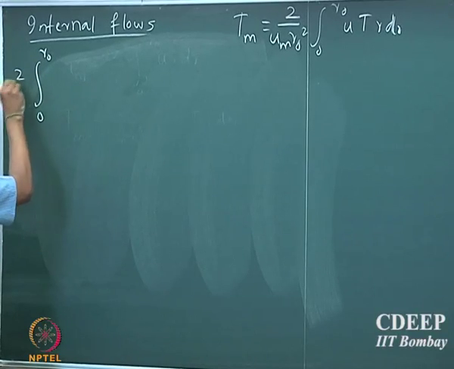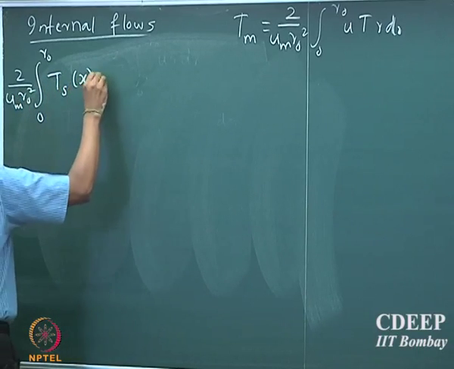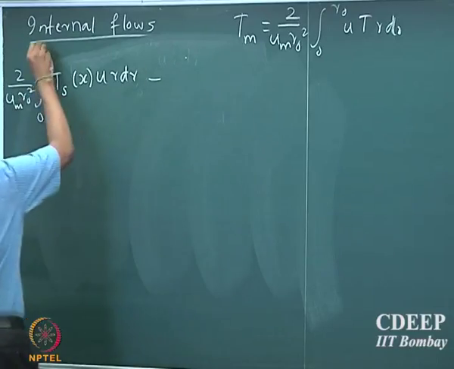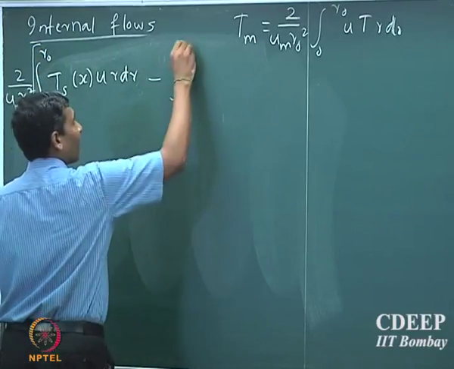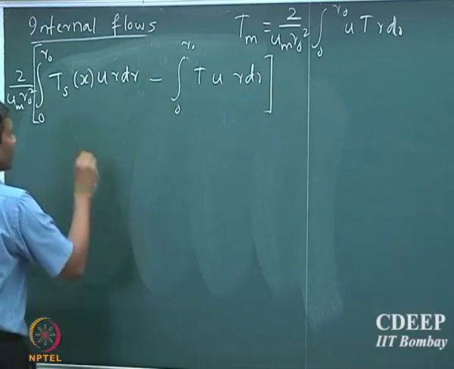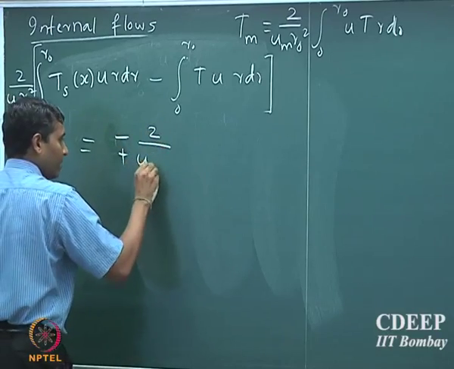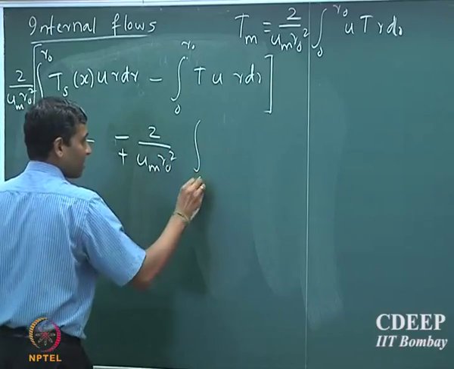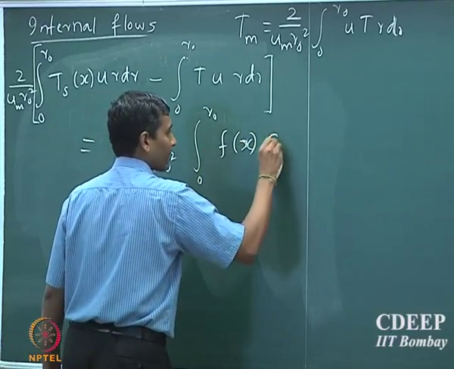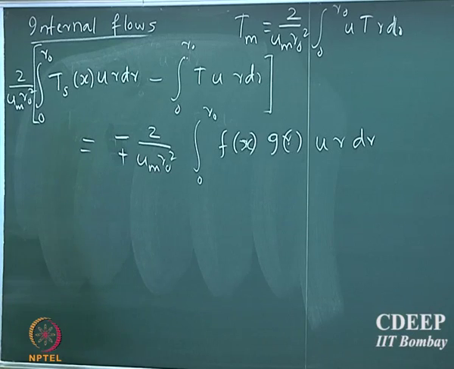So suppose I want to find out Tm from this expression, so I can integrate 0 to r naught 2 by r naught square Ts of x u into r dr minus integral 0 to r naught T into u into r dr. Okay, that is equal to minus plus 2 by r naught square integral 0 to r naught f of x into g of r into u into r dr. Okay, so that is the functional form.